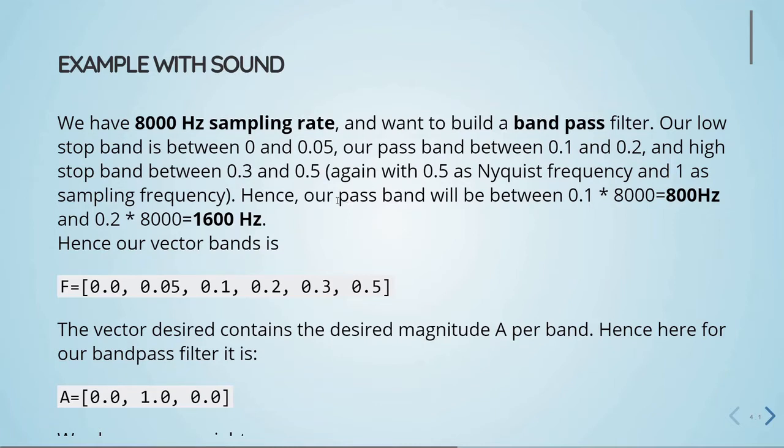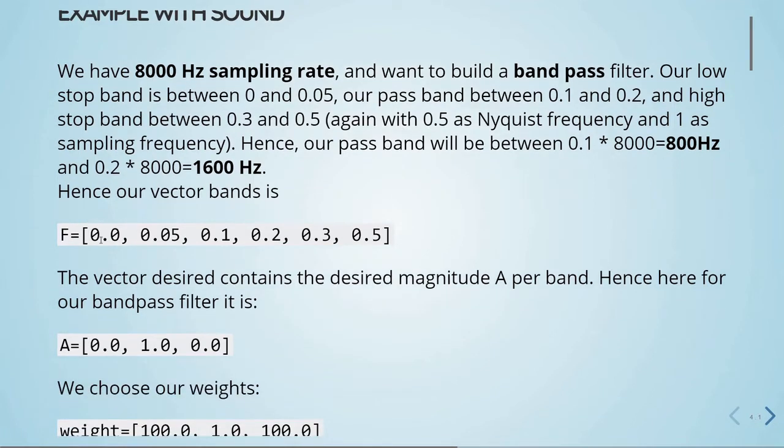So our pass band will be between 0.1 times 8 kilohertz, so 800 hertz, and 0.2 times 8,000 hertz, which is 1.6 kilohertz. So here we are defining our vector for bands. So there's 0 and 0.05, 0.1 and 0.2, 0.3 and 0.5.